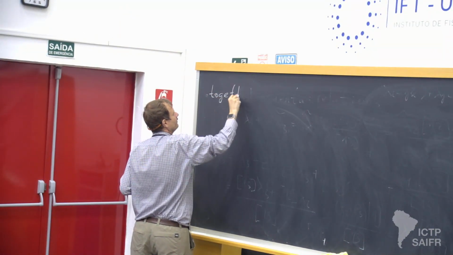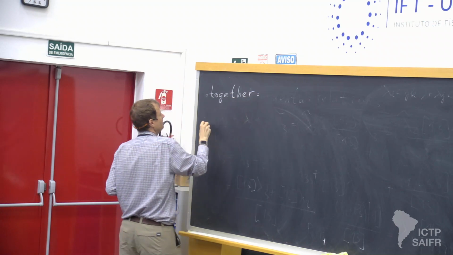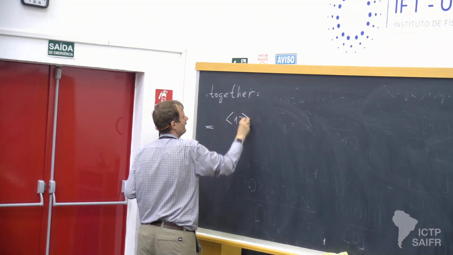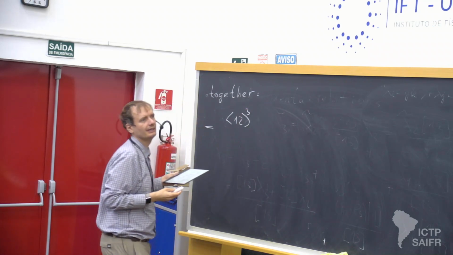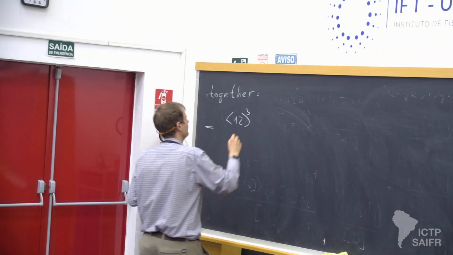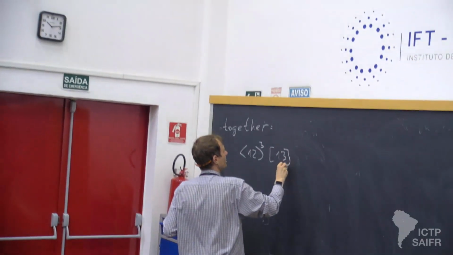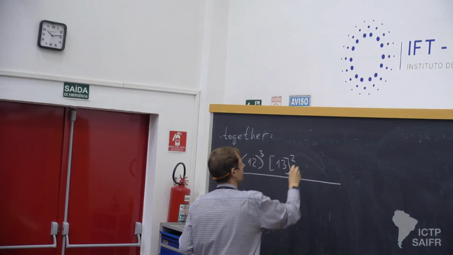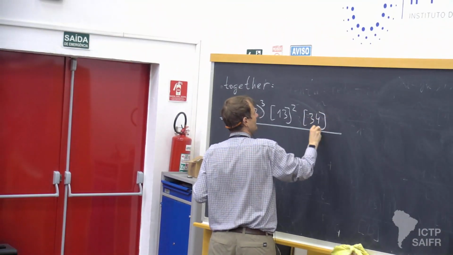So we just take a product of these two 3-point amplitudes. So this is ⟨12⟩³[1 3]², and the other thing we had in the numerator is ⟨34⟩³.